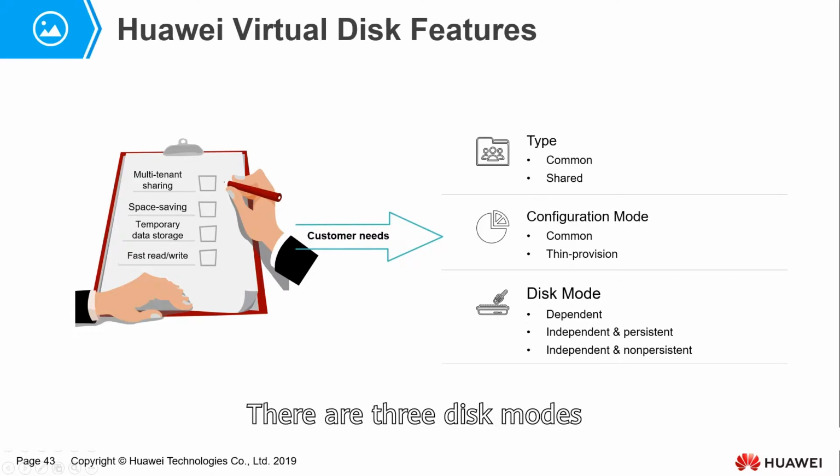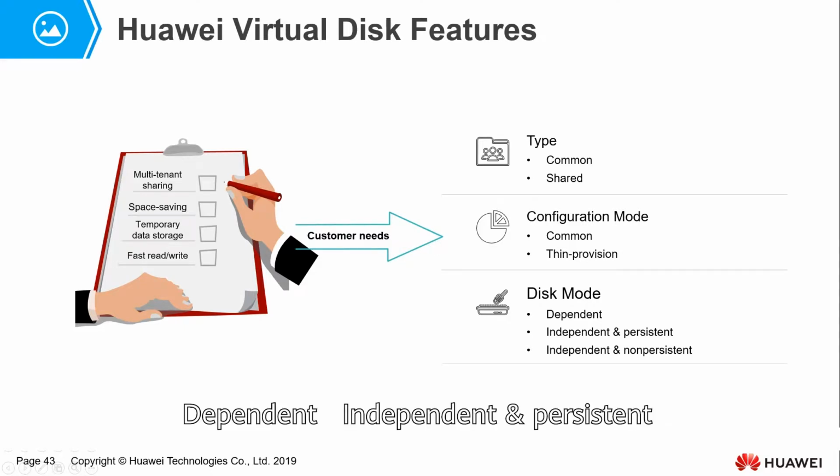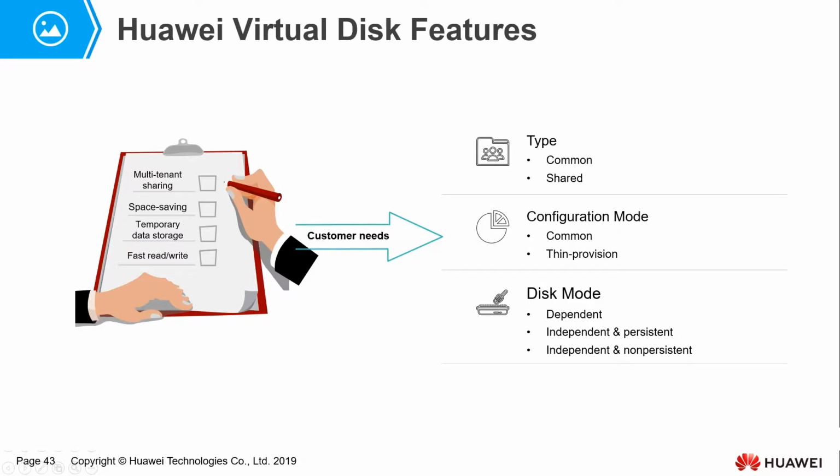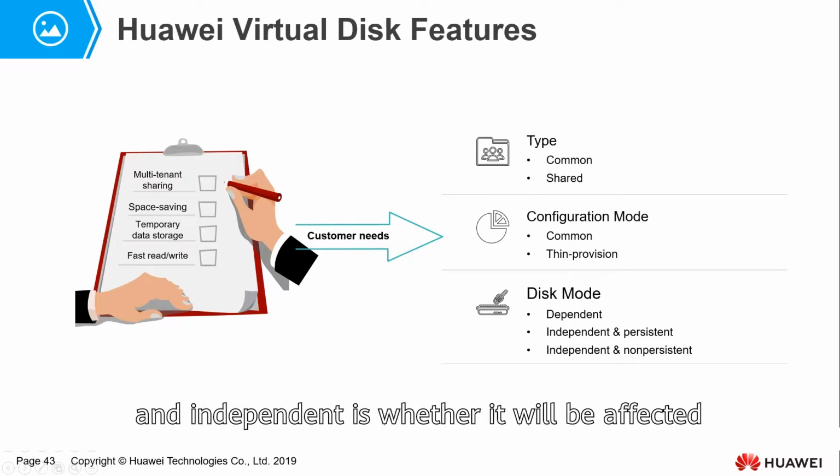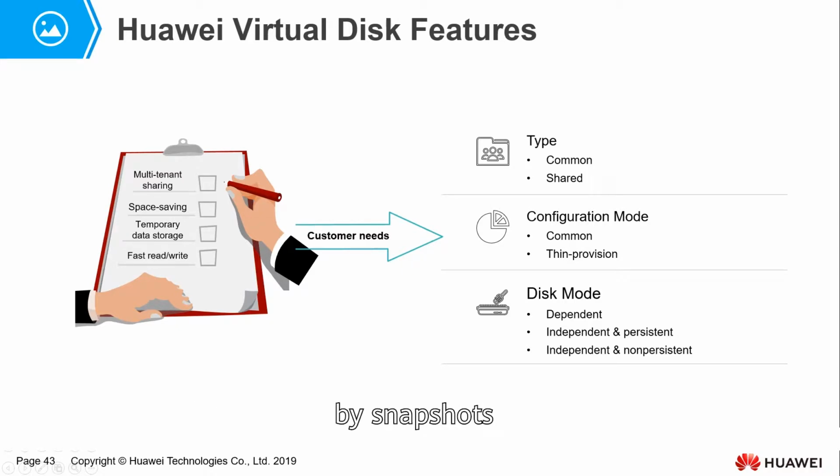There are three disk modes: dependent, independent and persistent, and independent and non-persistent. The biggest difference between dependent and independent is whether it will be affected by snapshots.